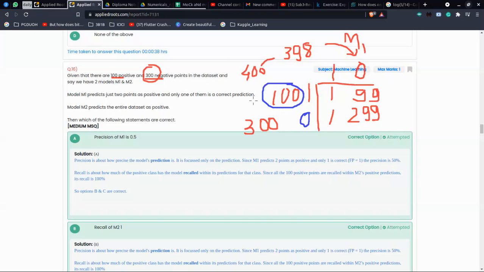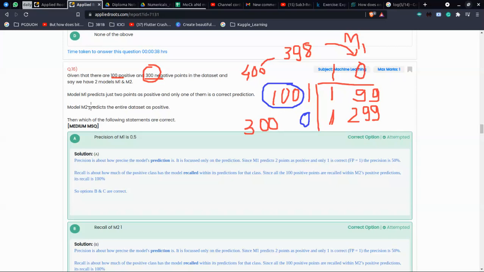So one is correct and one is incorrect. Now out of these 300, I am making one mistake, so for the rest I am saying negative. So 299 are my true negatives. Out of 100, I am saying one positive, correctly classified, so the rest are the incorrectly classified, the false negatives. So this is for M1.